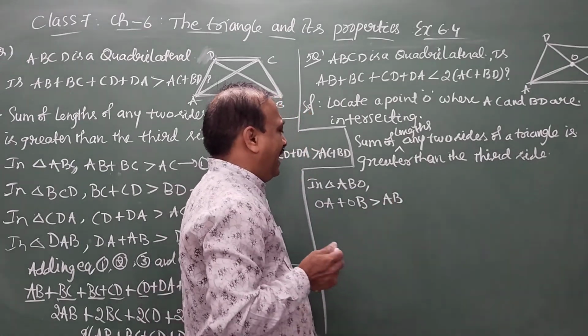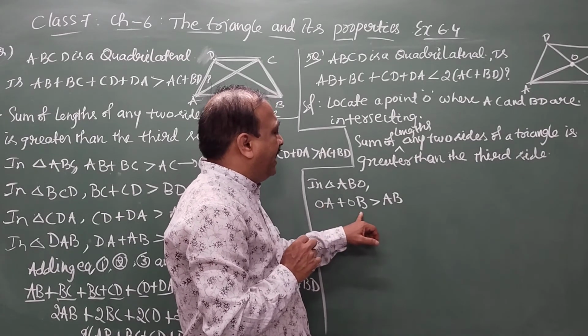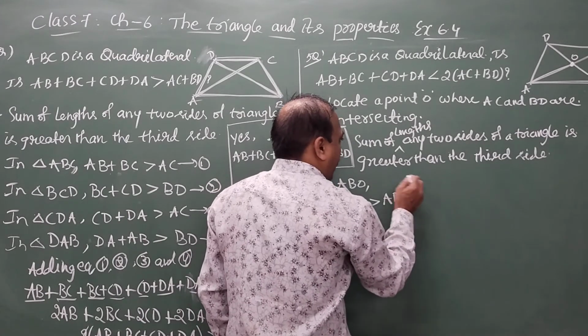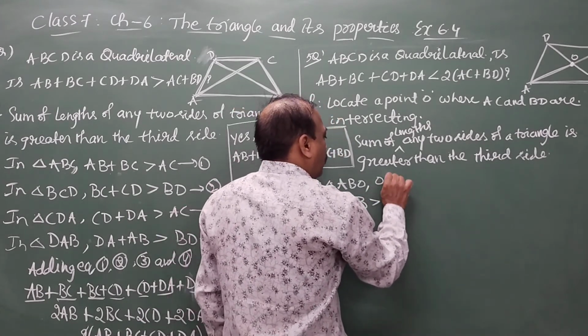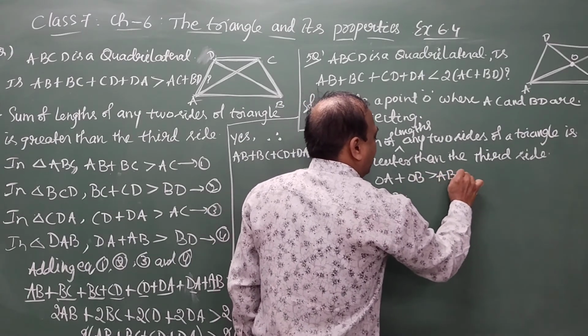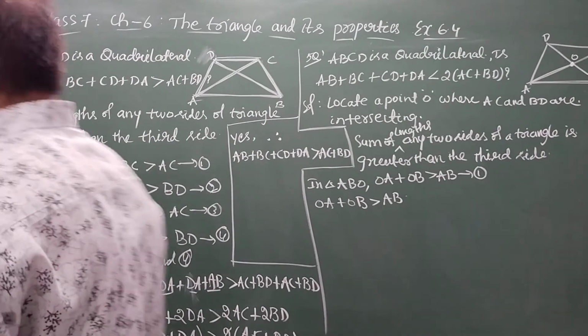Observe it. OA plus OB is greater than AB. Let this be equation 1. So equation 1 we got.